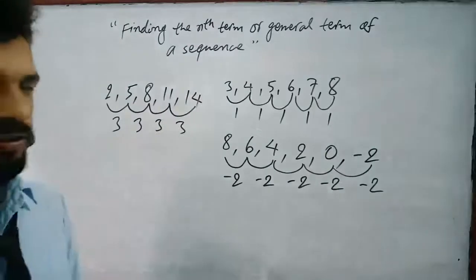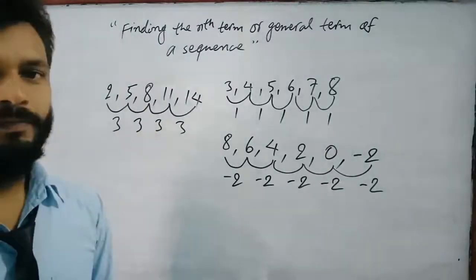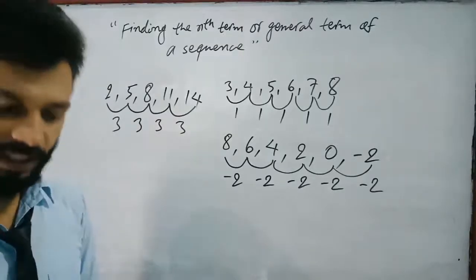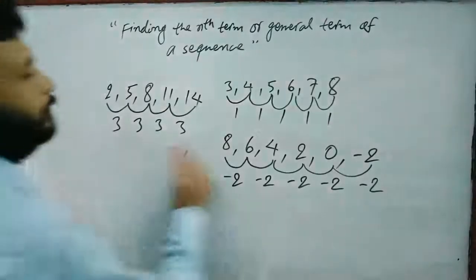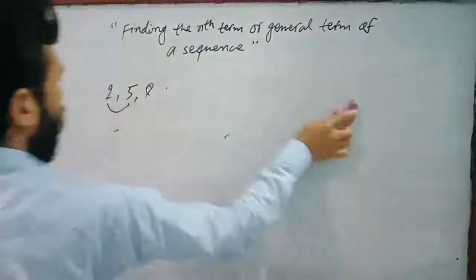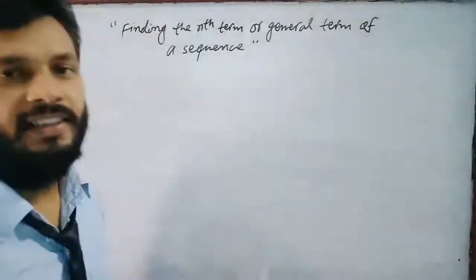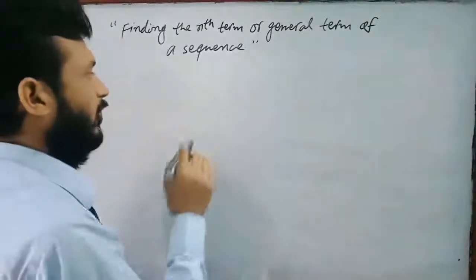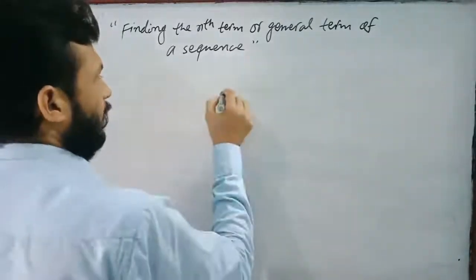Same. Understood? So it is also a linear sequence. Understood? Okay, now we can find the nth term or general term of any linear sequence. Suppose we have a linear sequence.